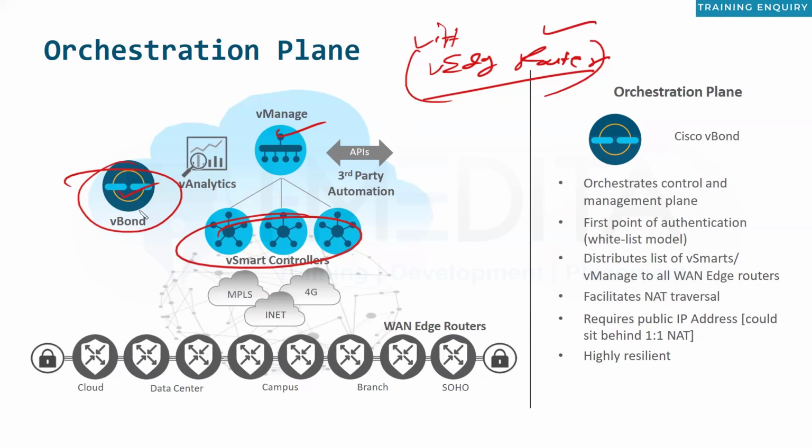What you do is you just go to that router and you simply tell that router that, hey, you're not supposed to work as a router anymore. Just start working as an orchestrator, as a vBond. So we just have to execute one simple command. You execute that command, and that's how you convert a WAN edge router into a vBond. Now, since your WAN edge router can be virtual and can also be hardware, therefore vBond can be virtual and can also be hardware, because vBond is not a separate device.